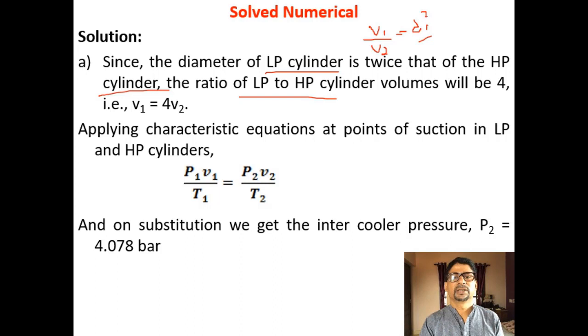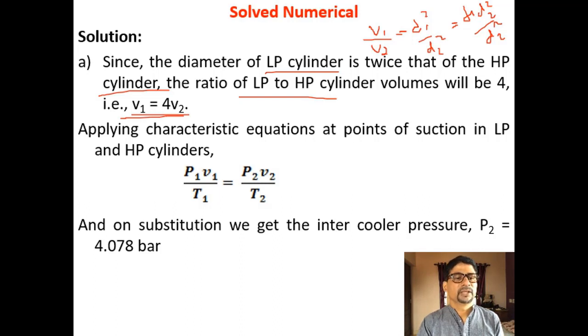So here also it becomes the ratio of D1 square by D2 square. It is given D1 is 2 times D2. So in place of D1 I substitute 2 D2. Squared, it becomes 4 D2 square divided by D2 square. So D2 square gets cancelled. So V1 by V2 is equal to 4, or V1 is equal to 4V2.